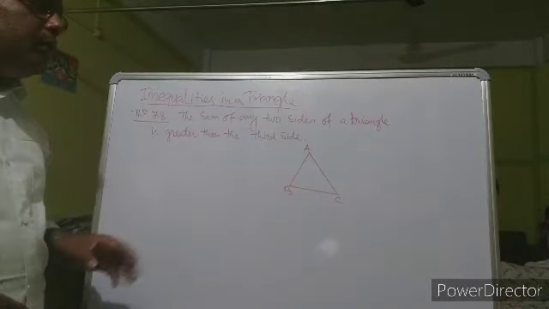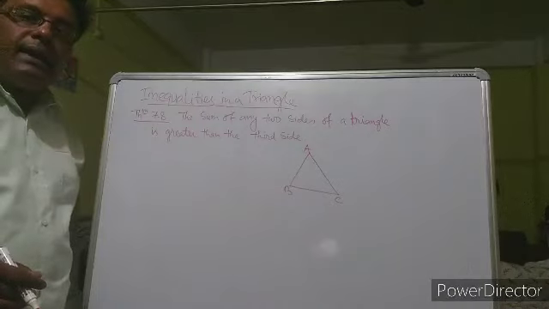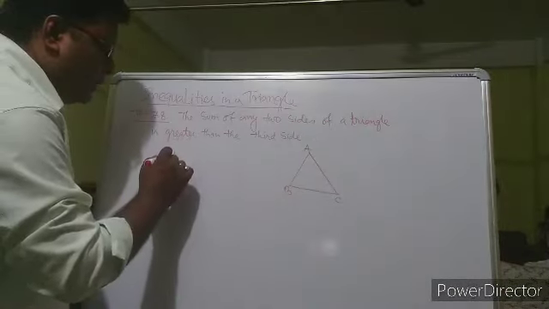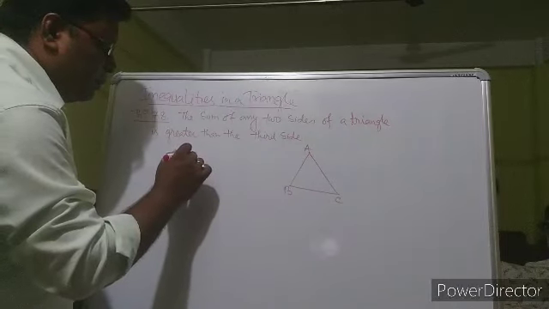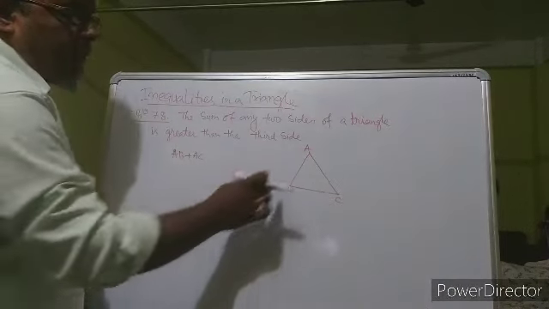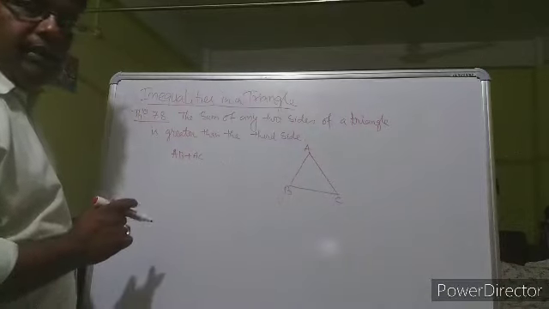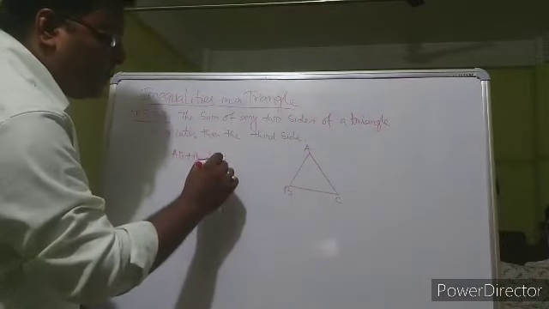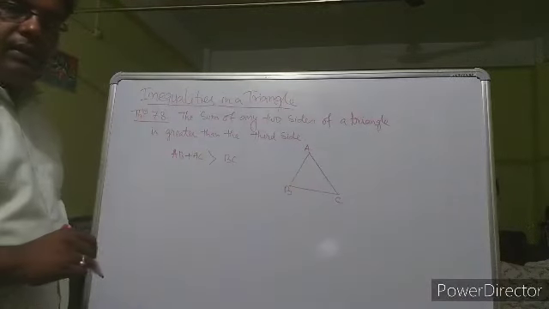If we add AB plus AC, the sum of these two sides is greater than the third side BC.